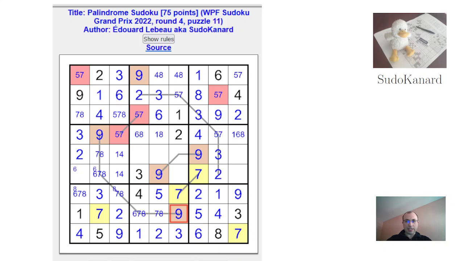So that's a 6, that's 8, that's 6, that's 8, that's 6. This is now 8, that's 6. 8 is cloned here. This can only be a 5, so the red cells are 7s. That's a 5, that's a 5, that's 5, and that's a 5 as well.